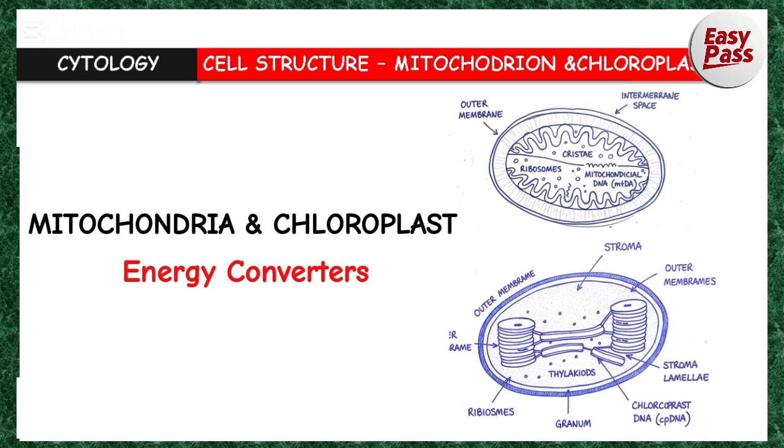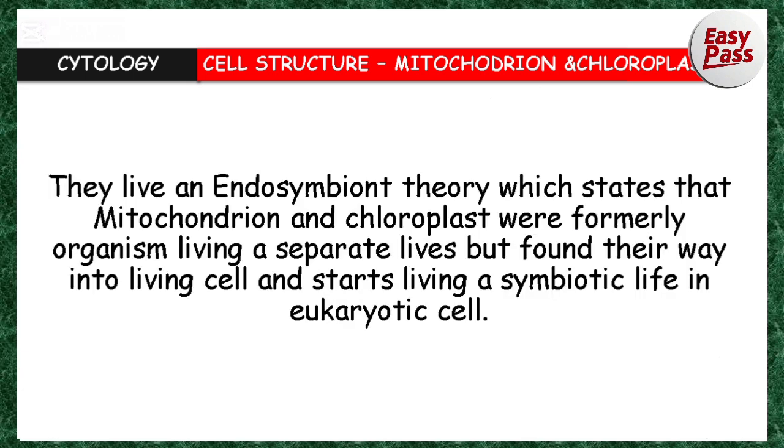They are referred to as energy converters, and also as organelles that follow a special pattern. Scientists believe that they were formerly organisms that found their way into a living cell and started living a symbiotic form of life. This mitochondrion and chloroplast follow what is known as the endosymbiont theory.